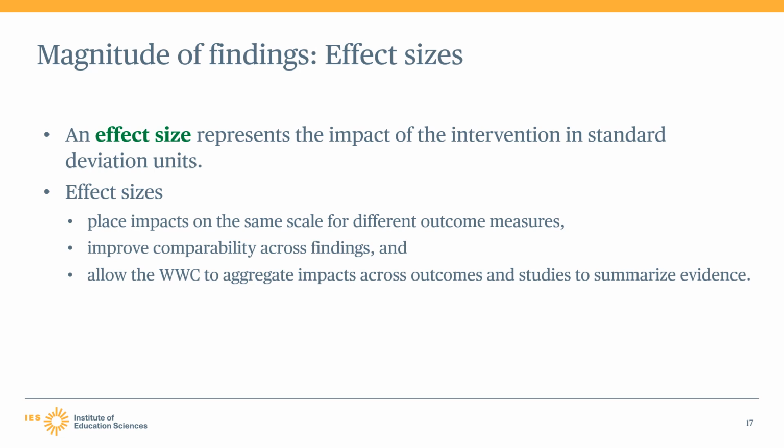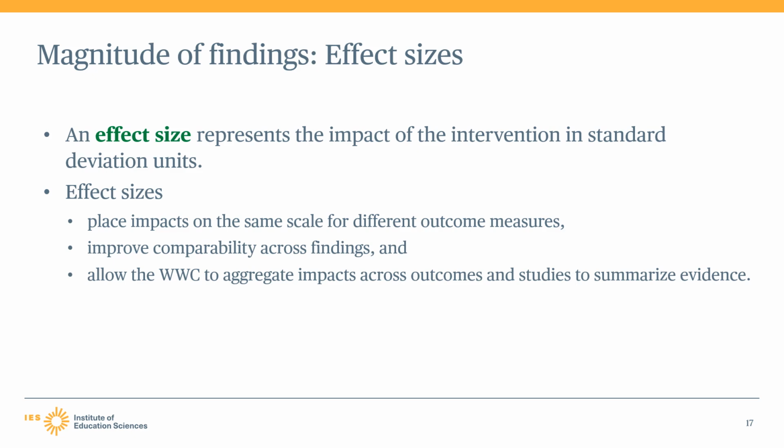The effect size represents the impact of the intervention in standard deviation units. Because the effect sizes provide a common scale for measuring impacts, they can be used to compare findings across different outcome measures. For the same reason, effect sizes allow the WWC to aggregate impacts across outcome measures and across studies for the purposes of summarizing the evidence.